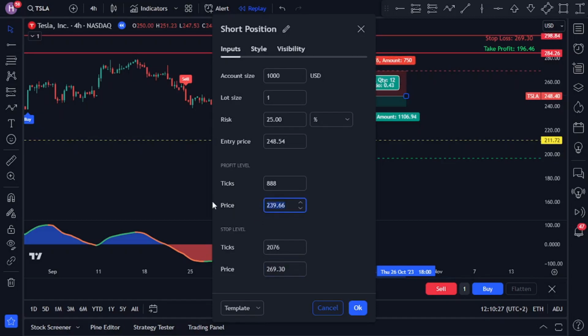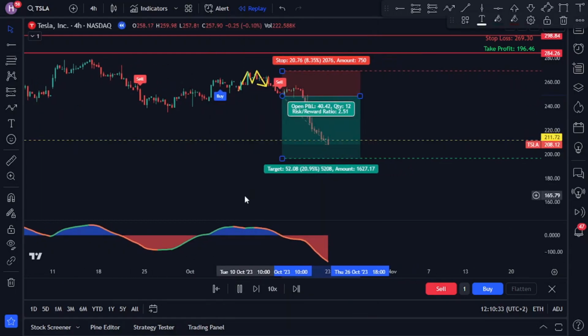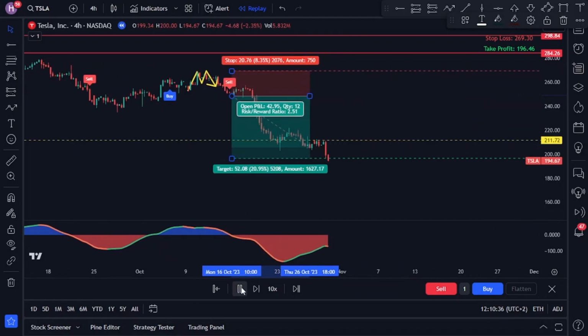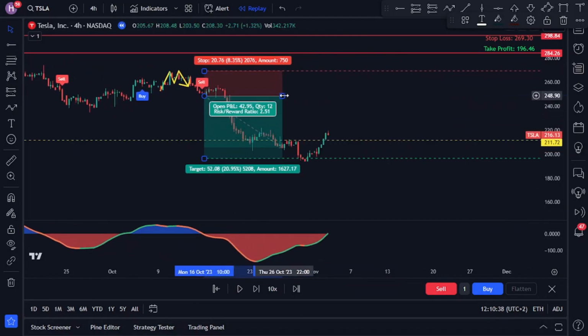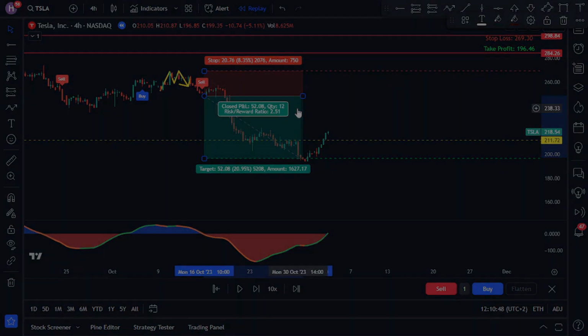For the short trade, I will use the stop loss and take profit provided by the indicator and let the trade play out. One of my favorite parts of the indicator is that it doesn't matter the instrument or time frame, the indicator excels at identifying high probability momentum trade opportunities like this one.